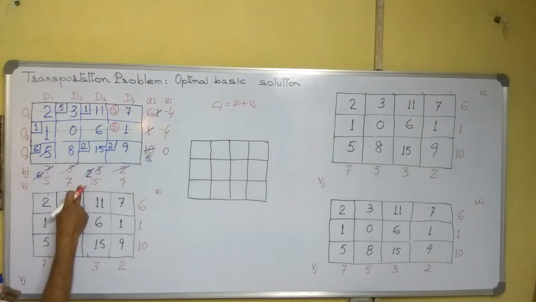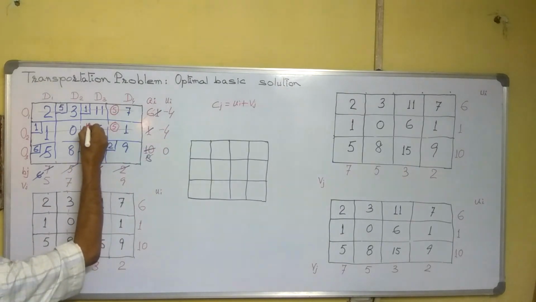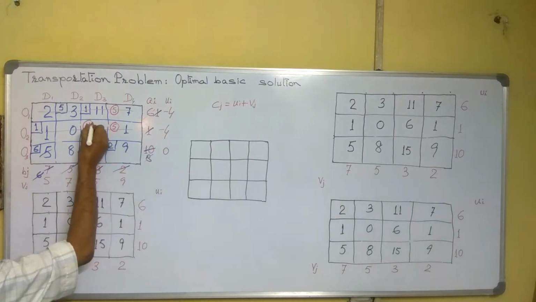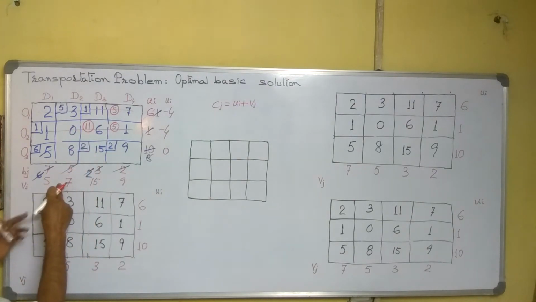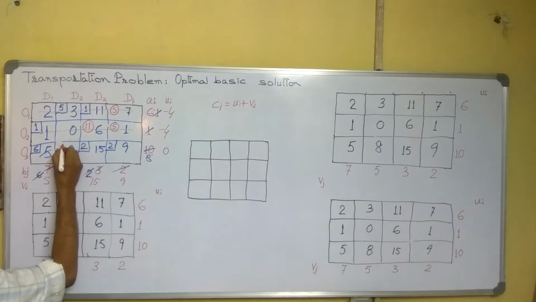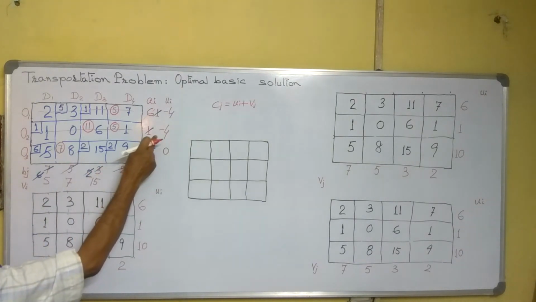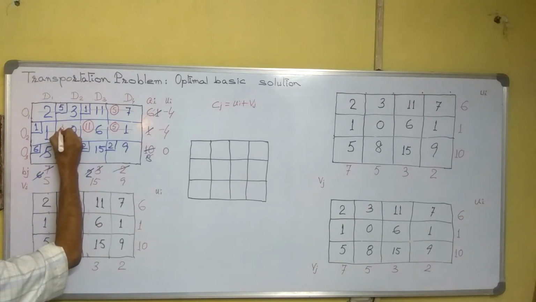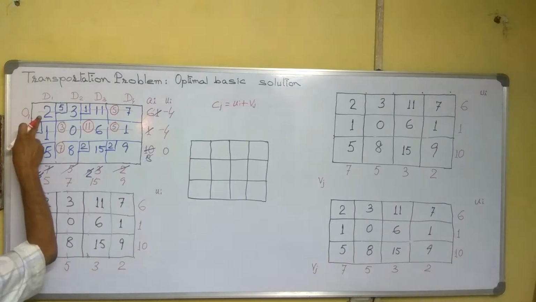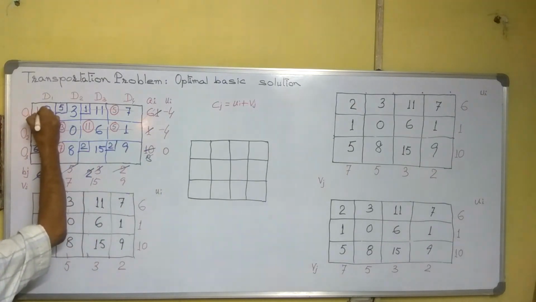Then this one, 15 minus 4 is 11. Here it is 7 plus 0 is 7. Here 7 minus 4 is 3. Now here is left 5 minus 4. This is 1.